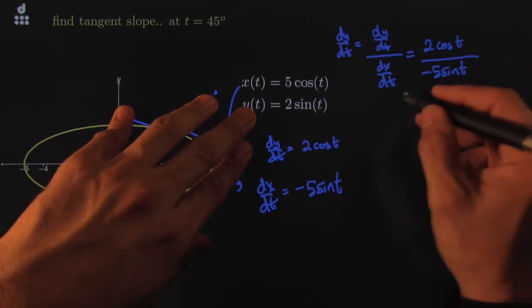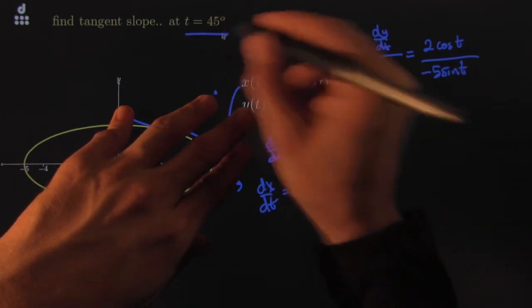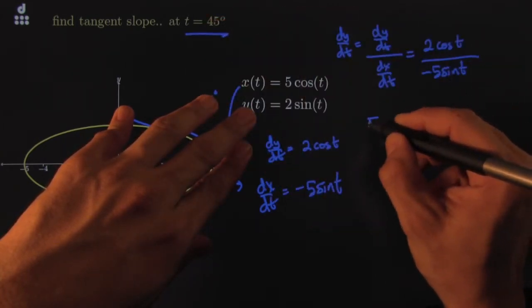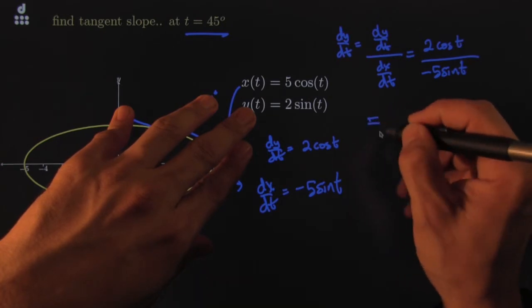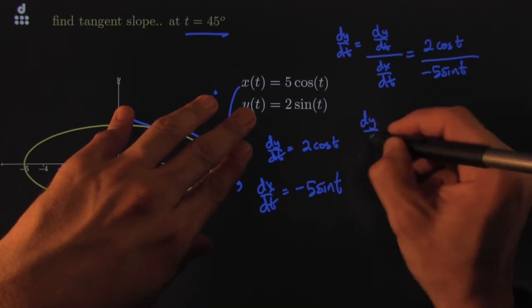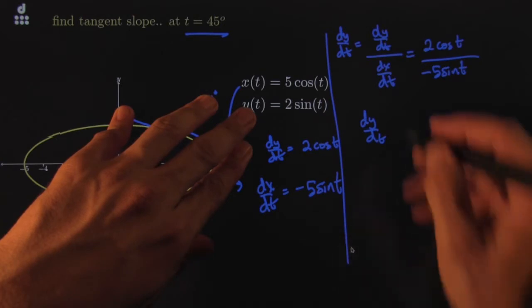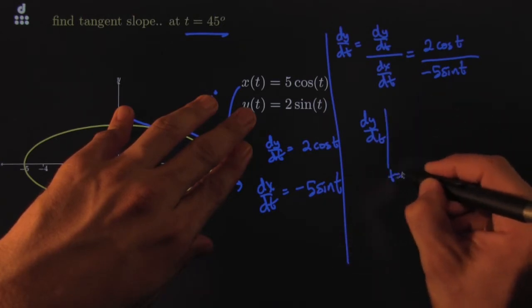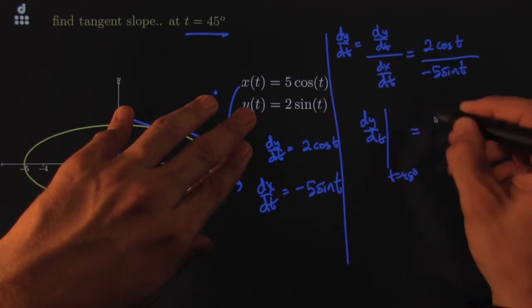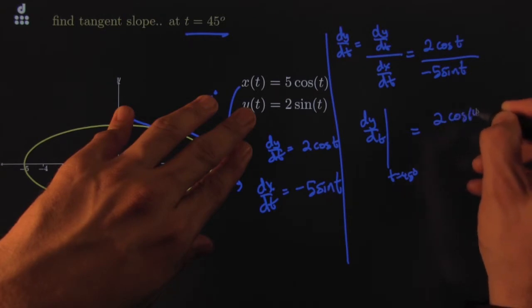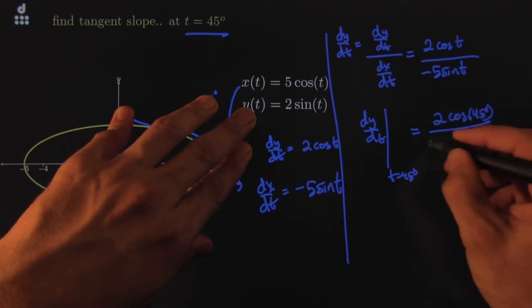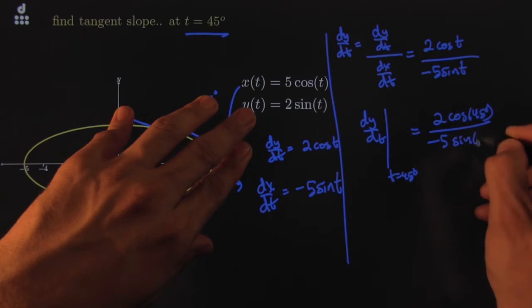And now we're doing this at 45 degrees. So dy/dx at t equals 45 degrees is equal to 2 times cosine of 45 degrees all over negative 5 times sine of 45 degrees.